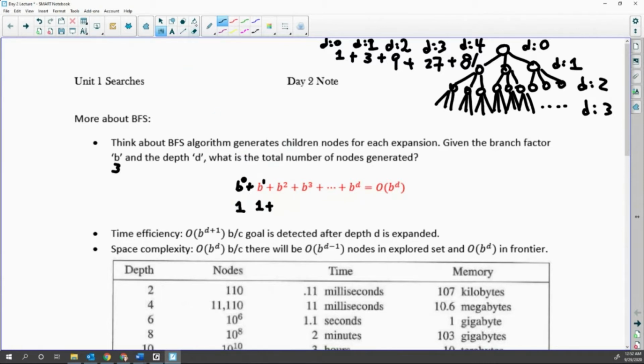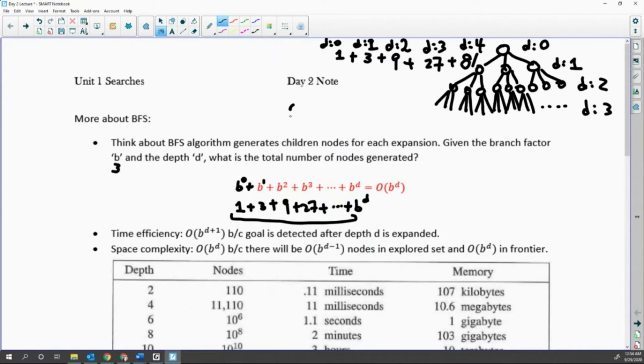So 1 plus 3 plus 9 plus 27 plus b to the d power. Now let's think about what this is, b to the 0th power up to b to the d minus 1 power.